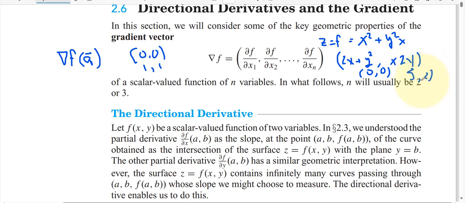The point is that we can put any point we want into the gradient, for example 0, 0, or 1, 1, and we're going to get out a pair, like 3, 2, or 0, 0, or anything else. So that is what we can do with the gradient.